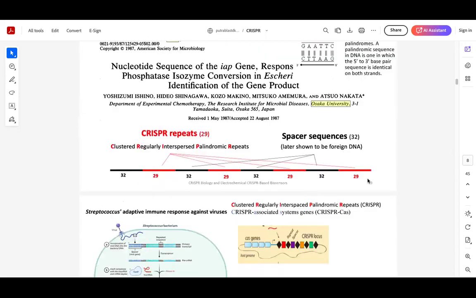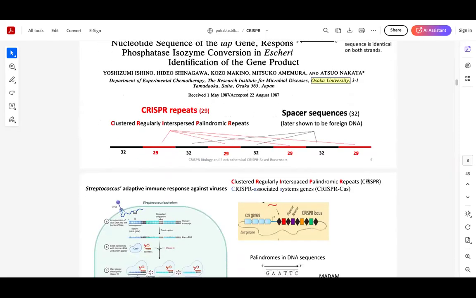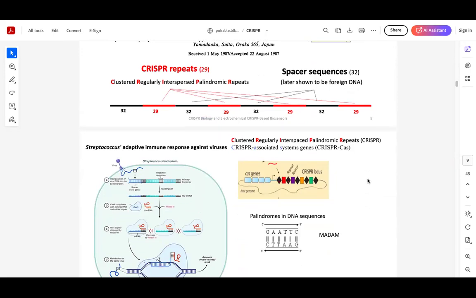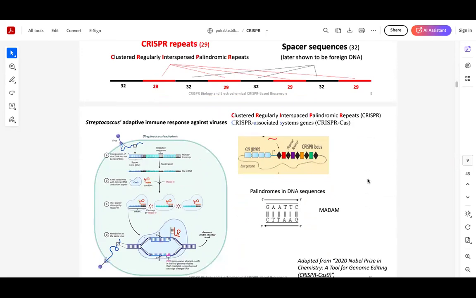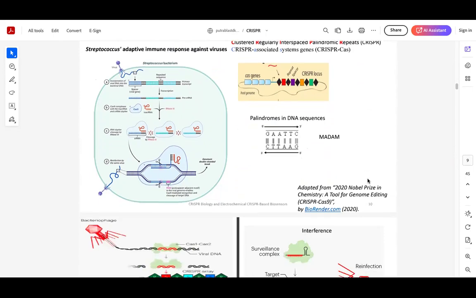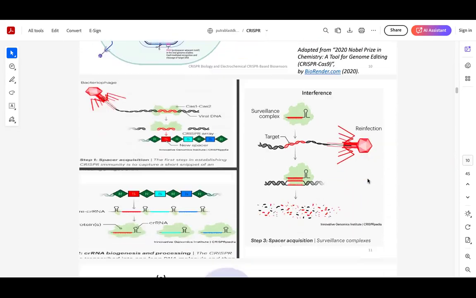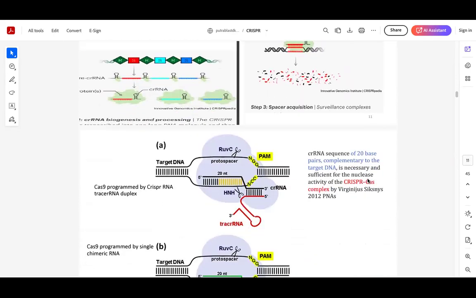So I hope that by now you are familiar with the terms spacer, repeats. Before spacer is protospacer, and then you have PAM. PAM is how the Cas at the beginning identifies where to cut the protospacer.